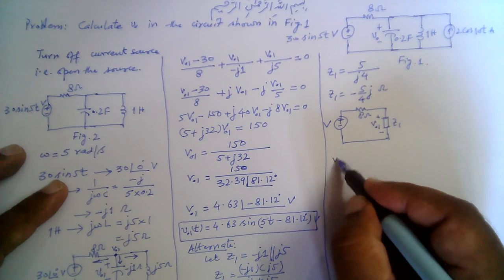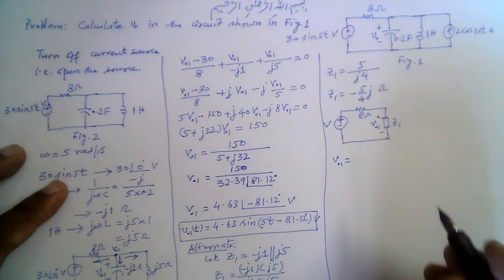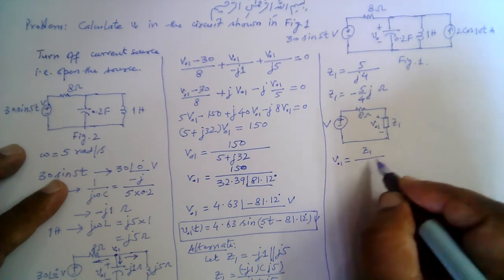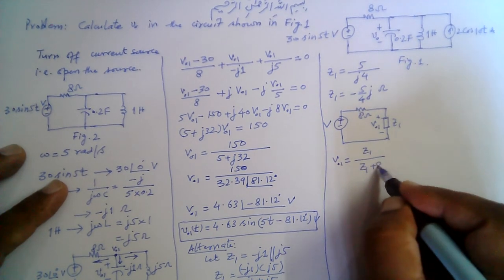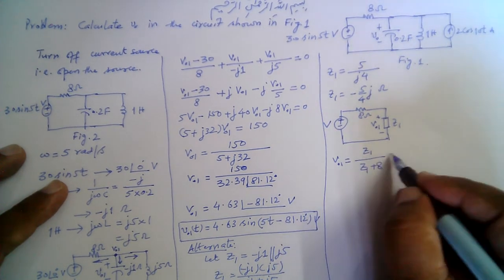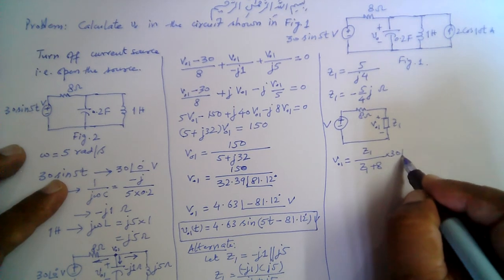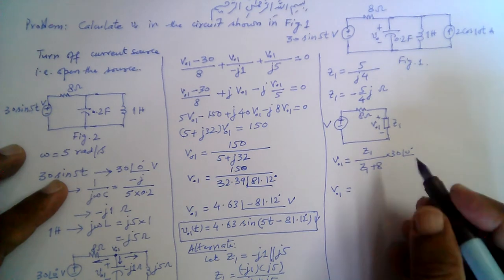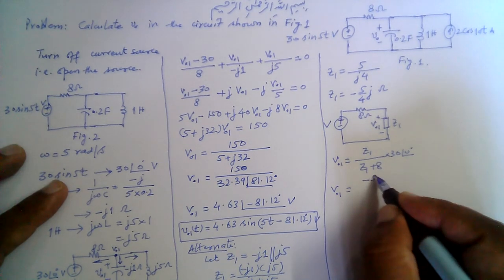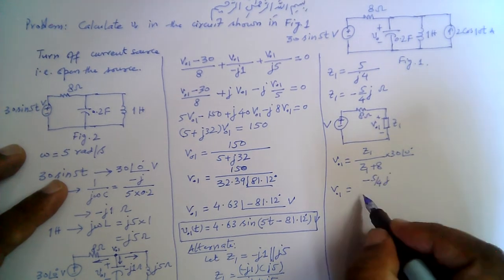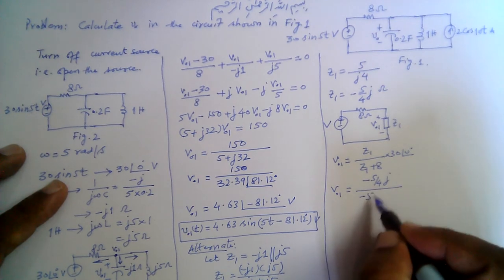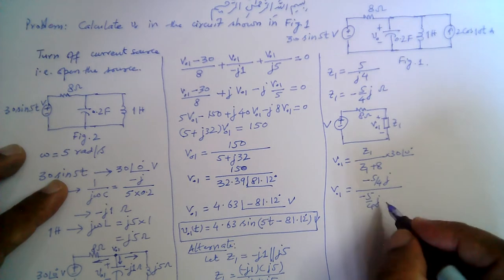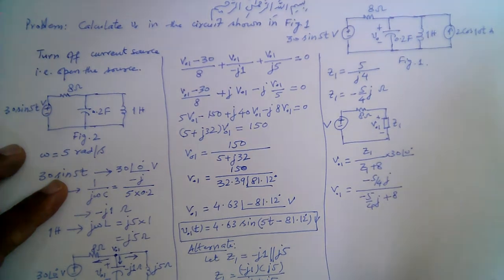So V01 using the voltage divider rule is given by Z1 divided by (Z1 plus 8) times this voltage V, which is 30 angle 0 degrees. So V01 is equal to minus 5 over 4 J divided by (minus 5 over 4 J plus 8), right?